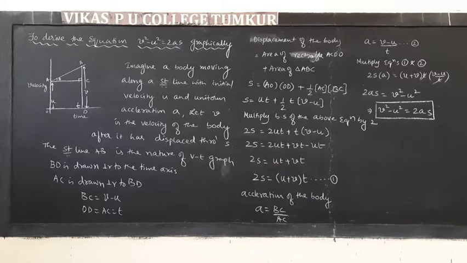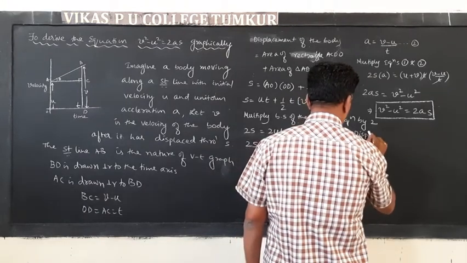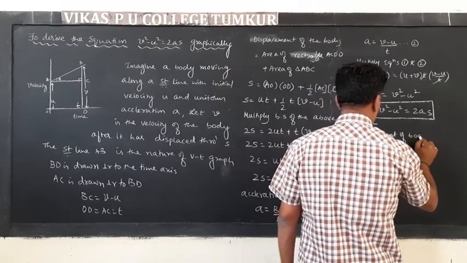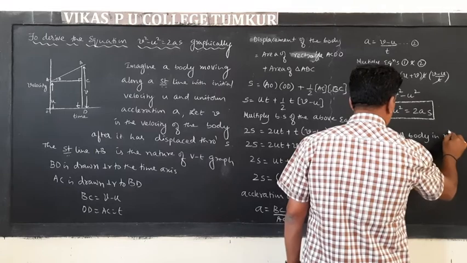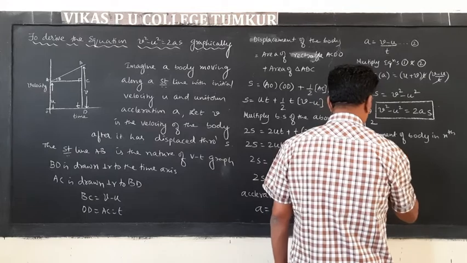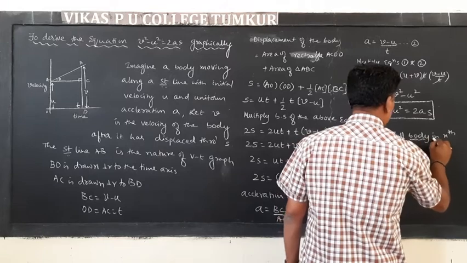That will be called the fourth equation of motion, and it gives you the displacement of the body in the nth second of its motion. So what do you mean by this? ಇದರ ಅರ್ಥ ಏನು?